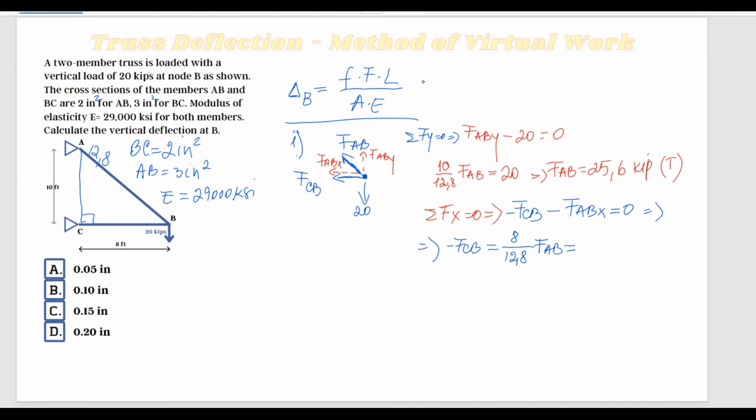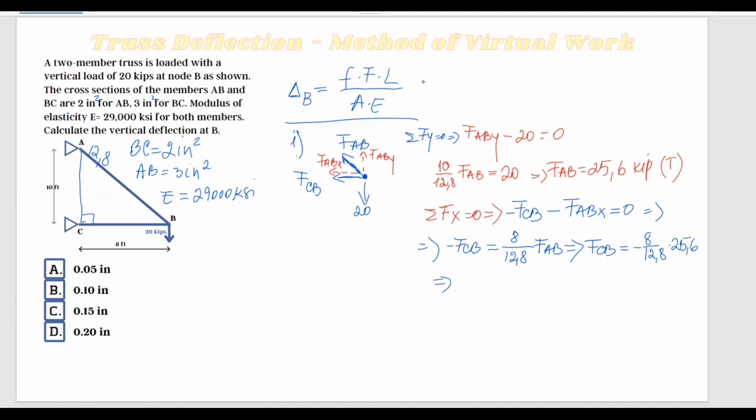So from here, we can say FCB is equal to minus 8 over 12.8 multiplied by FAB, which is 25.6.